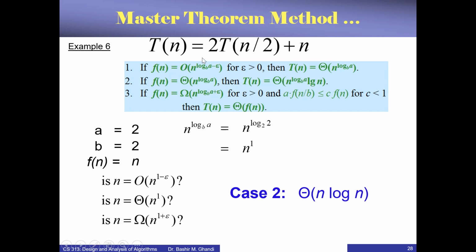If you remember, merge sort was 2 times T(n/2) plus the running time of the merge, which was n. We proved it last time that it was n log n. But now using master theorem, we can also see it is the same thing, theta of n log n.